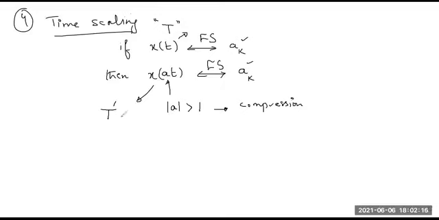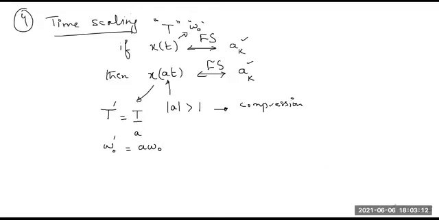The relationship of T dash with capital T is T dash equals capital T divided by A, because the signal is compressed and so the time period reduces. Since A is greater than 1, T dash is less than T. Likewise, if the fundamental frequency is omega naught, the new fundamental frequency omega naught dash equals A times omega naught, because the time period reduces, so the fundamental frequency increases.